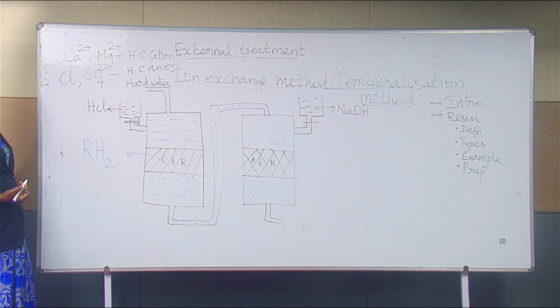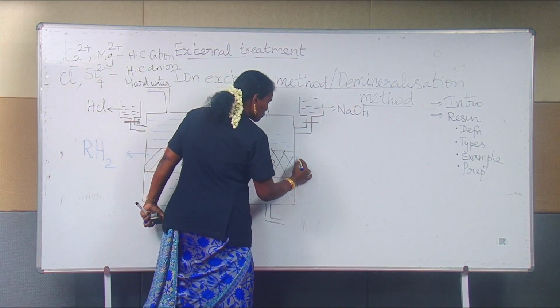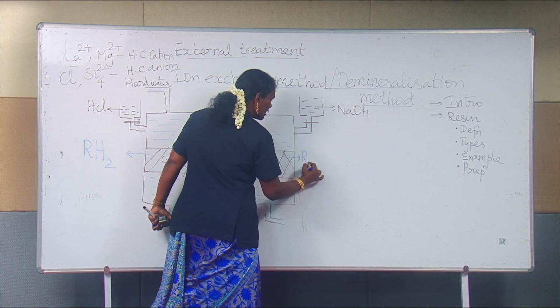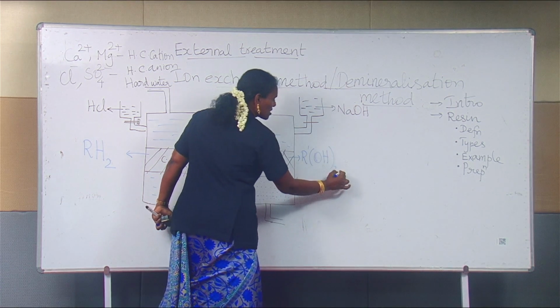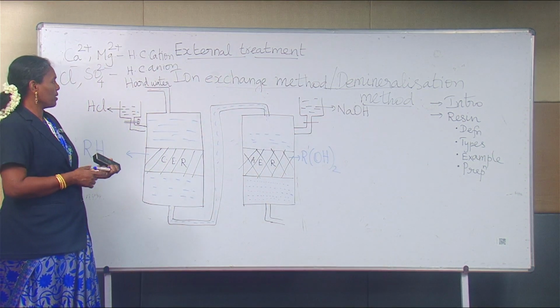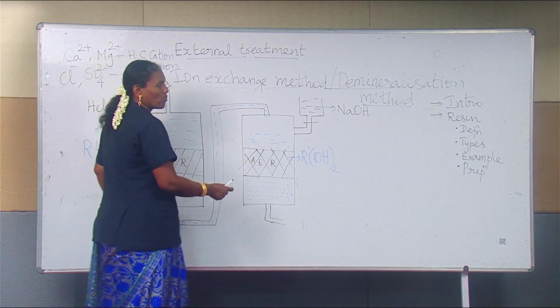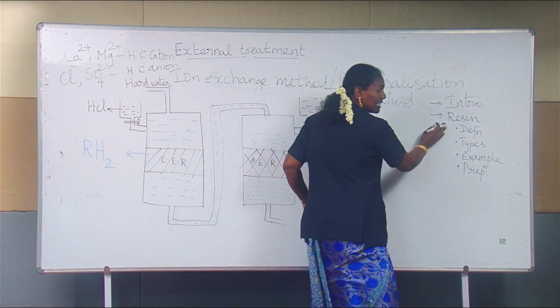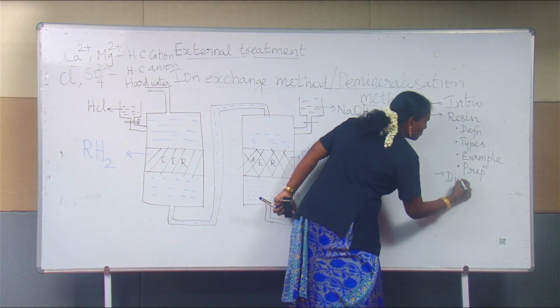And this one is represented as ROH twice, the anion exchange cylinder. Based on this only we have to write the equations. So once again, after the resin explanation, you have to draw the diagram.